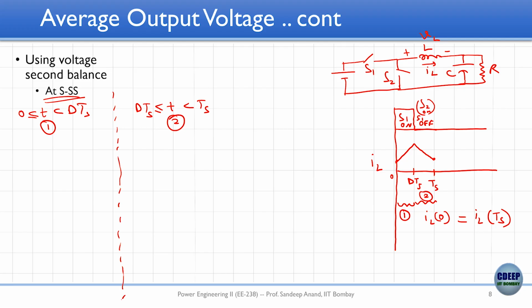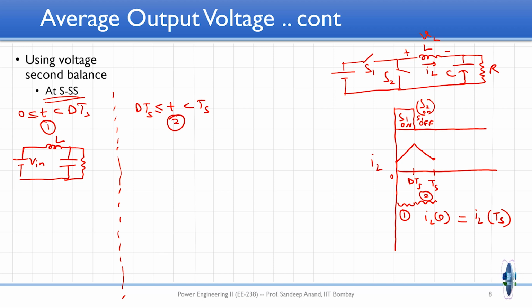In the first period, if switch S1 is on and S2 is off, you can represent the same circuit like this, right, because S1 is on, S2 is off. So this is how the original circuit would transform to.